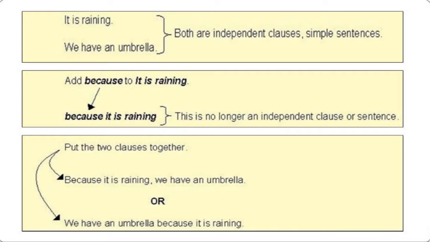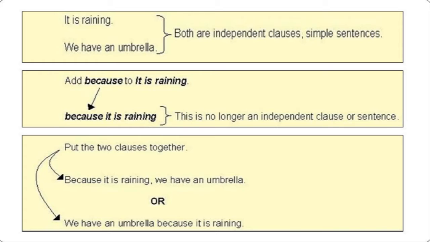If you start off with a dependent clause, in this case again, because it is raining, you must remember to put a comma followed by the independent clause. However, if you start with the independent clause, in this case, we have an umbrella, you do not need a comma before because. So we have an umbrella because it is raining.